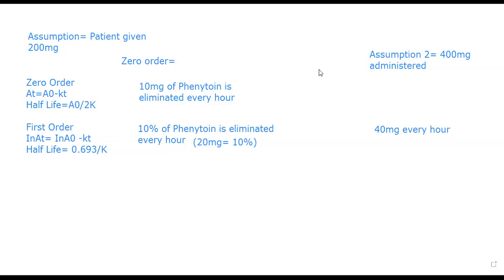Phase 2, there is conjugation of the drug, like with glucose. I think cytochrome P450 is phase 1. Yeah, CYP450 is phase 1, and then the other, phase 2, is conjugation.